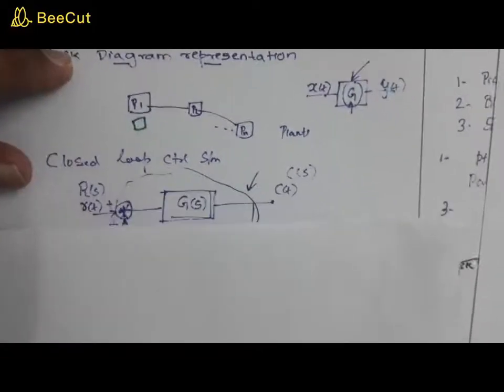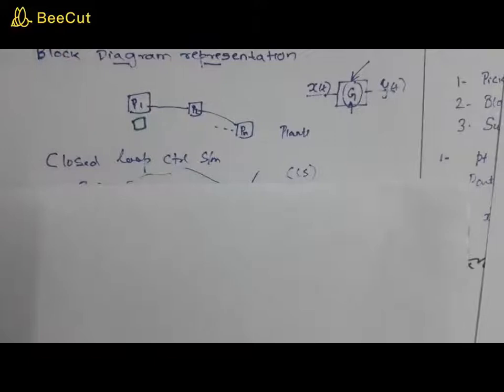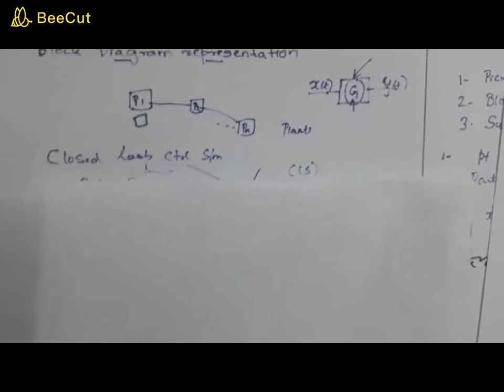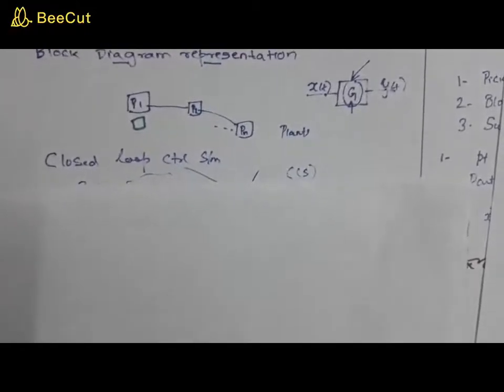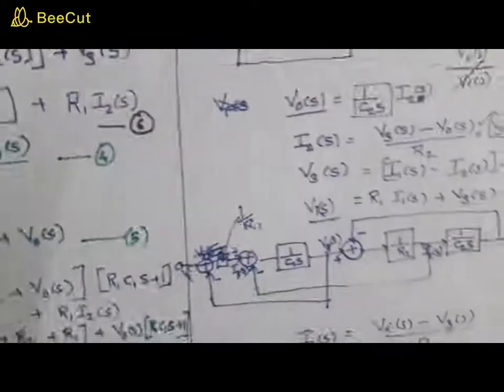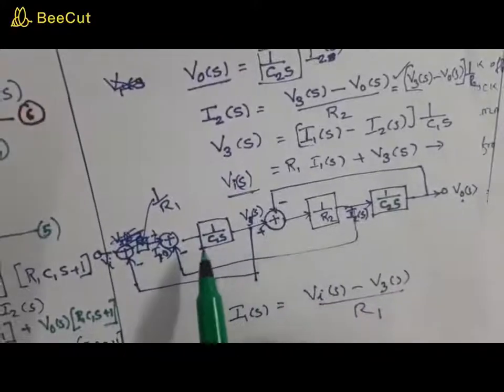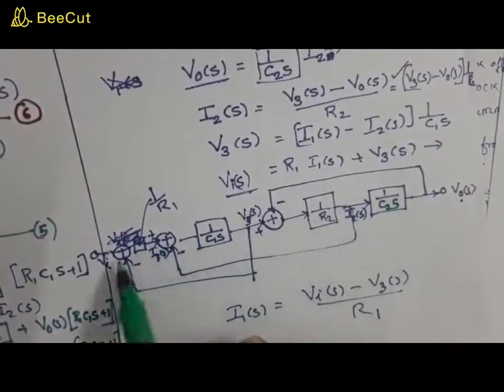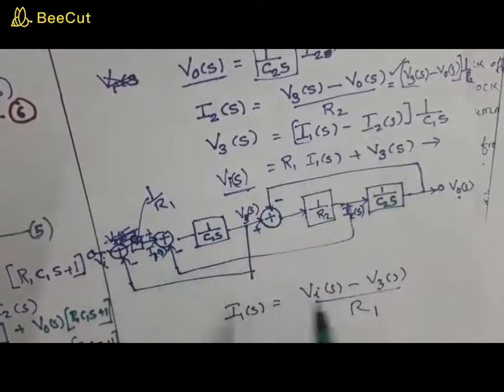That is a type of representation of an input and output system. So you'll have a lot of blocks, as we have seen in this example. Because of the presence of one more R2Z2, you have three blocks and three summers, and it becomes more complex.